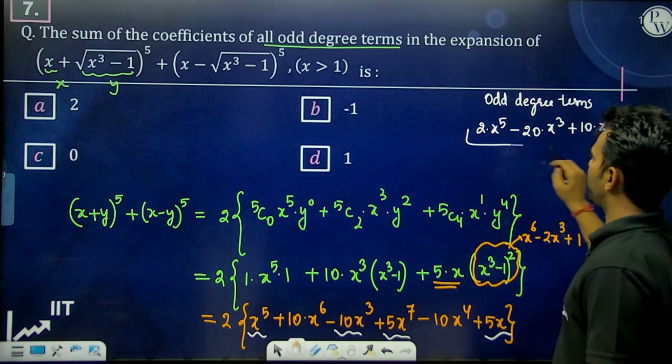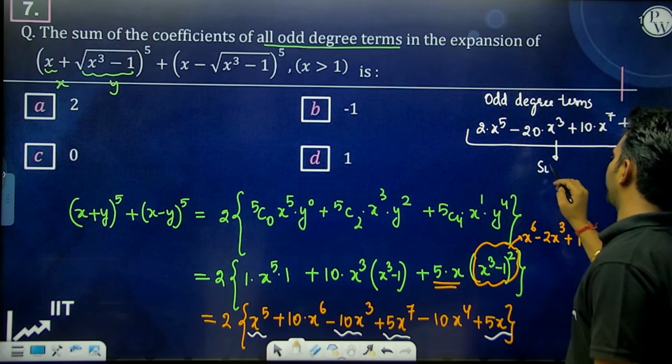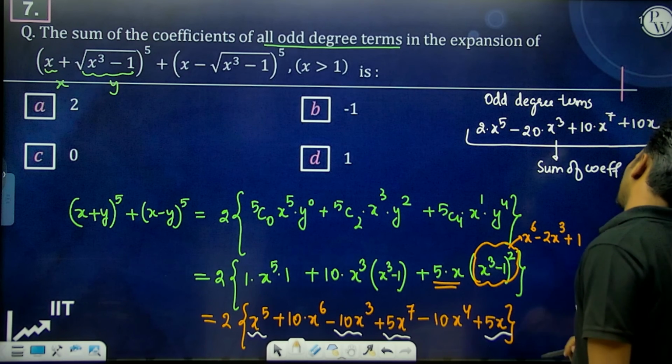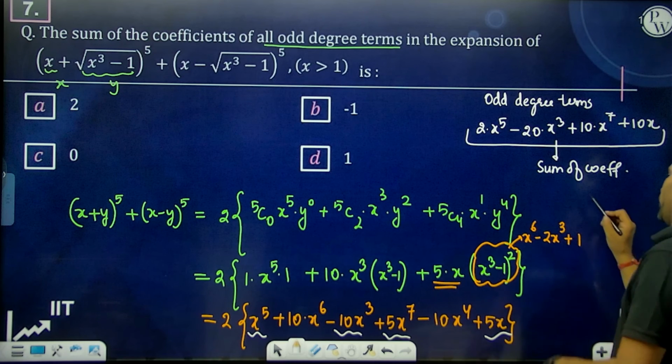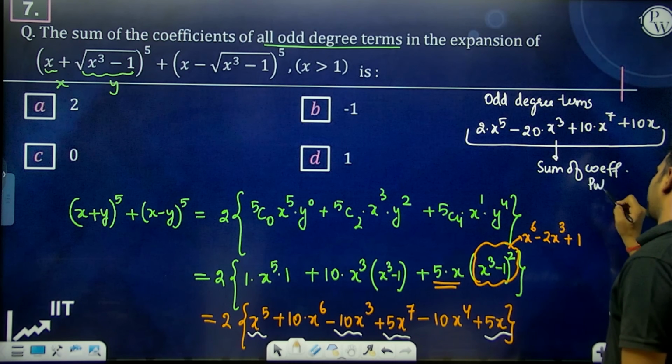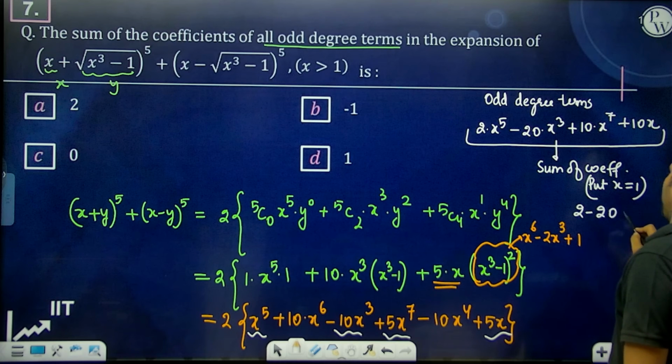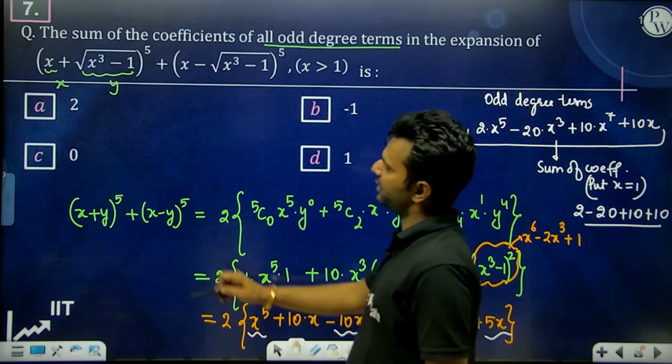If the sum of coefficients is asked, then you simply put x equals 1, that is, you put the variable equal to 1. The moment you do this, 2 - 20 + 10 + 10, the answer comes out to be 2. So the answer is option A.